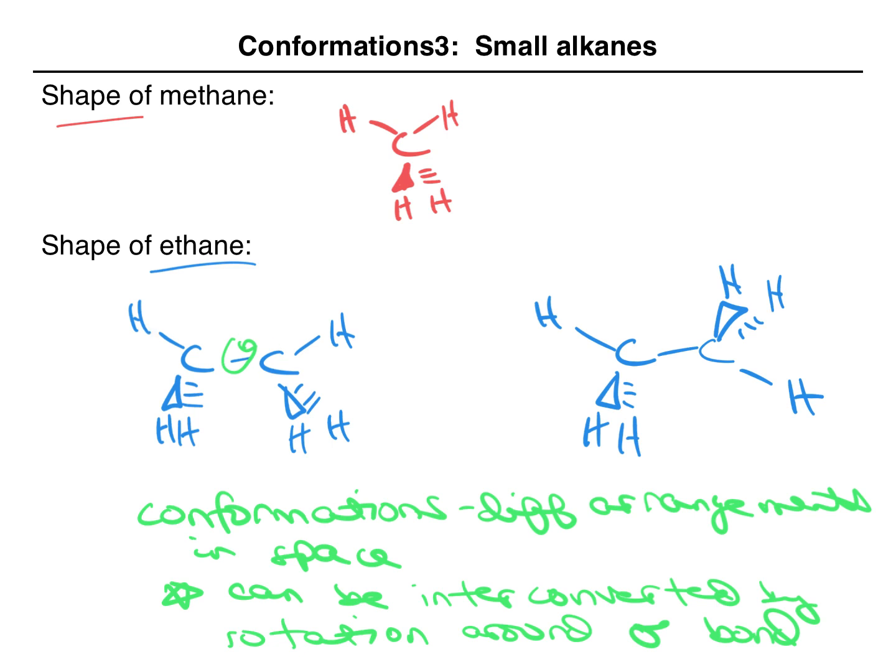So these are the same molecule. There's the same connectivity, the same geometry around each atom. But when we're looking at the overall shape, this is where we have different arrangements in space. But because we can convert one of these into the other by rotating around a sigma bond, they can be interconverted. Therefore, these are two different conformations.